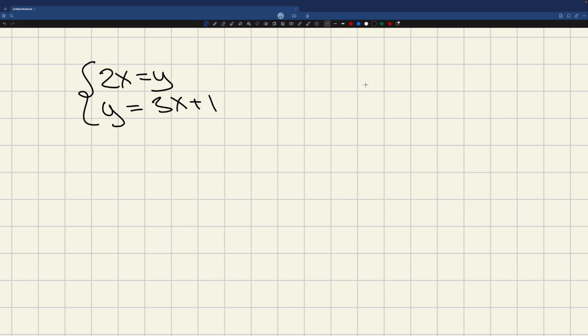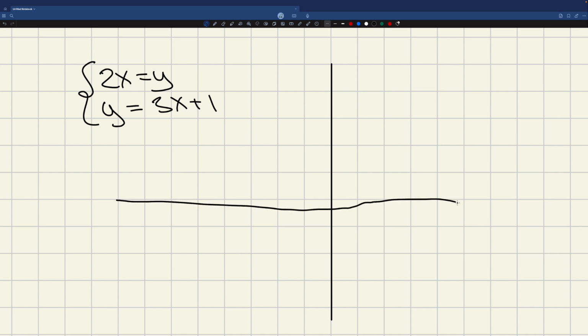And in theory, if you have a solution, those two graphs should intersect at a certain point, because both of the statements are true. So 2x is equal to y. Now how do we draw that?